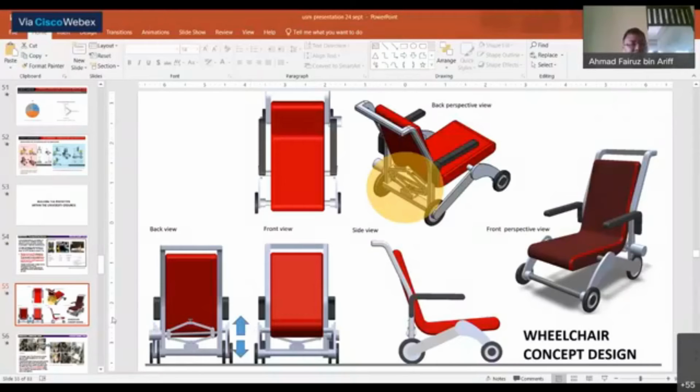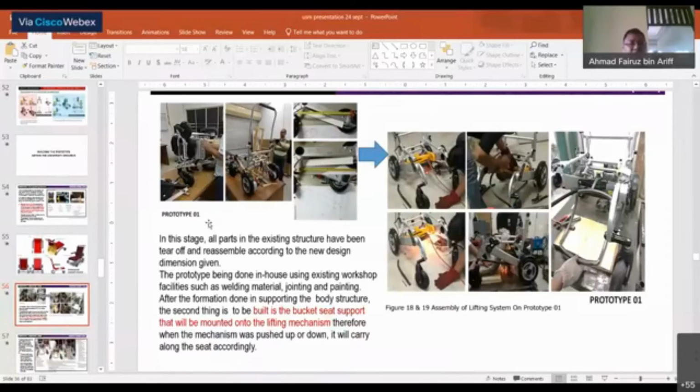This is for the proof of concept, and this has been working. Once we did it, we bought a unit of wheelchair very near to what we want, and then we tore it apart and rebuilt it again.